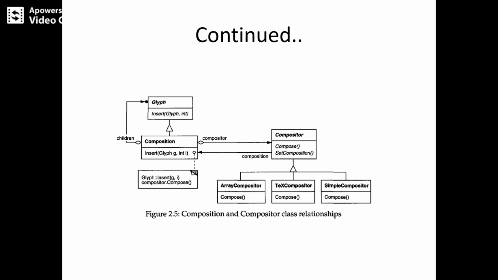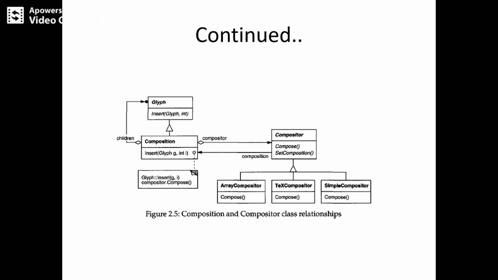So this is the complete composition and compositor classes. We have different classes of the compositor, and the compositor class relationships and operations show how we can take the different operations. Similarly, each compositor can implement a line breaking algorithm, which we discussed as a formatting algorithm.